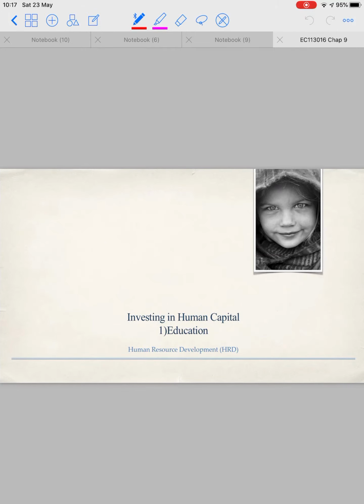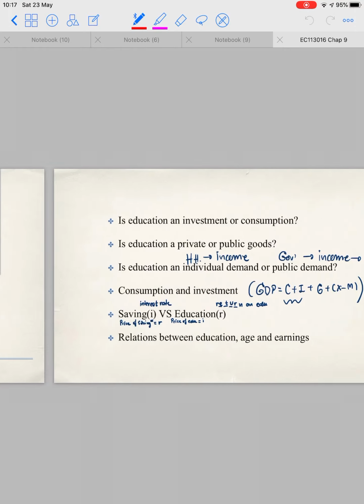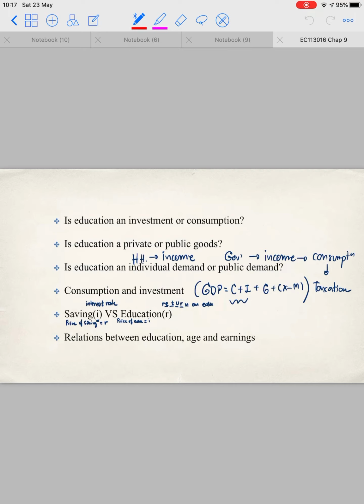And number one, education. Education is one alternative when we think about human capital, how to invest in education. So we have many questions about education. Is education an investment or is education a consumption?